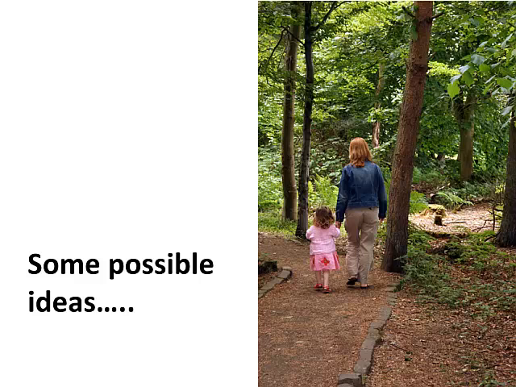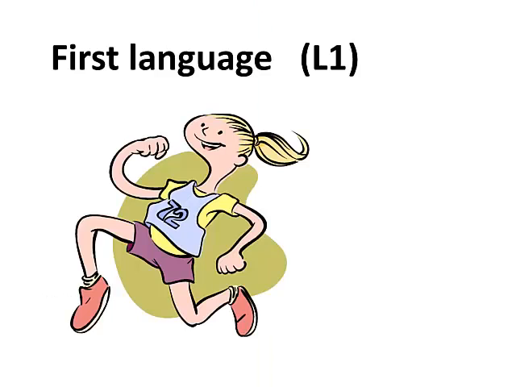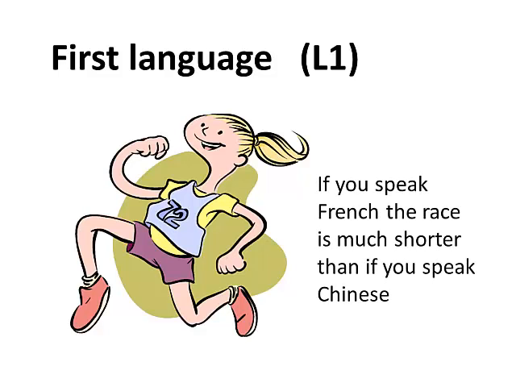Things which impact on their language learning. For example, their first language is going to be hugely important. If you speak French, then it's much easier to learn English because a lot of the words are similar, than if you speak Chinese, where there are no cognates at all, pretty much. So this is going to be quite a major influencing factor.